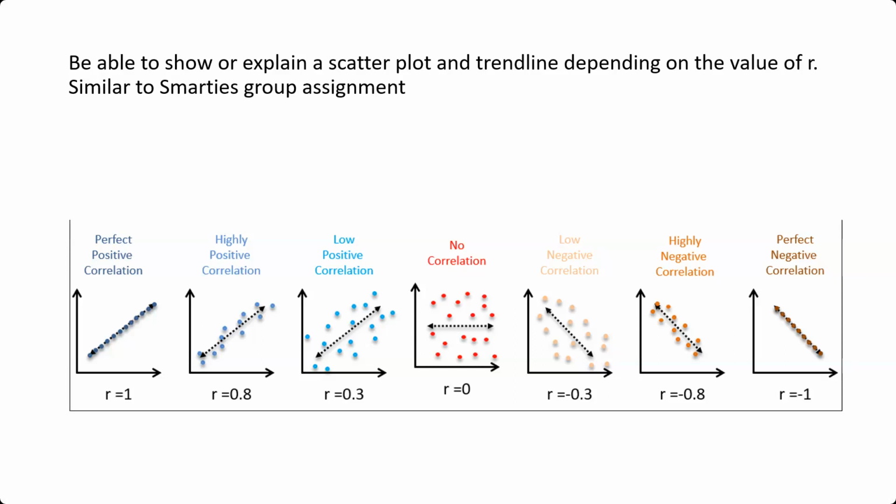The trend line is increasing from left to right and all the points are on the line. Or something like that. If R is 0, the points are all over the place and the trend line is close to horizontal. Any questions on that?